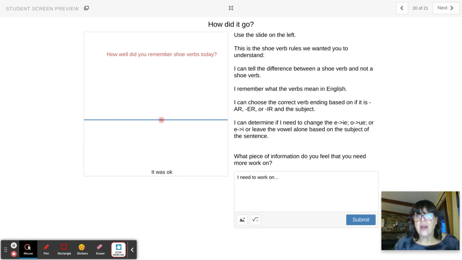What piece of information, which of these do you feel you need the most work on? I need to know where you guys are at in shoe verbs. I need to tell your Spanish 2 teacher what to expect when you show up on her doorstep ready to take Spanish 2 next year. I need to say, yep, Joaquin, A+, knows how to do his shoe verbs.